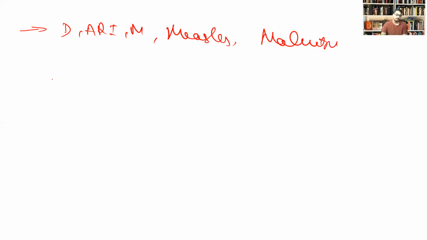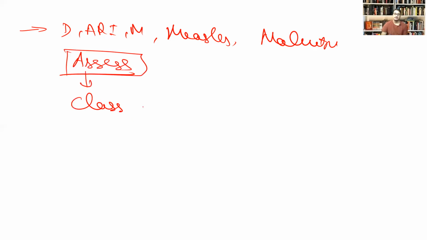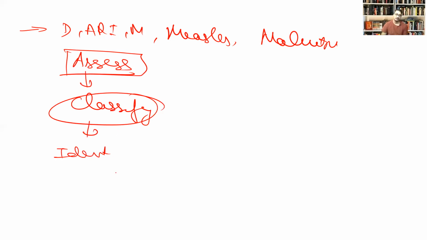So what is the complete case management process? It involves 5 steps. First is assess. We have to assess the child on the basis of easily identified signs and symptoms. After assessing, we have to classify them into the given categories, and then identify the specific treatment for a particular classification. After identification, we have to provide the treatment.